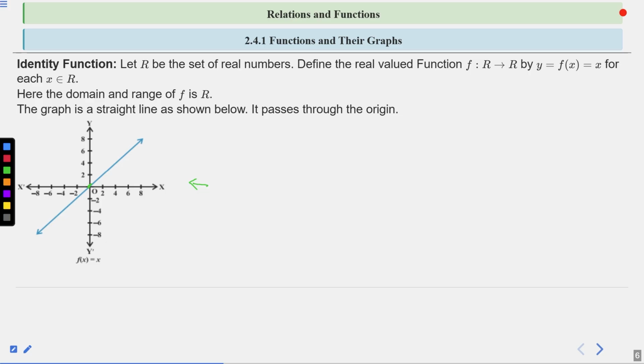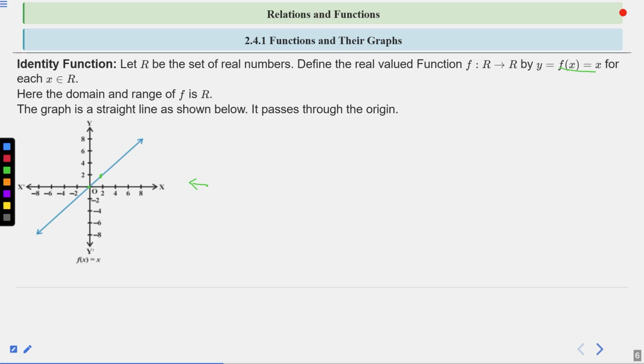Yes. Now for others, if you give input as 1, then the output will also be the same, 1, by this definition. So for input 1, the output is also going to be 1. So the pair (1, 1). Now for 2, 2. Yes. So the ordered pair (2, 2) will be here.